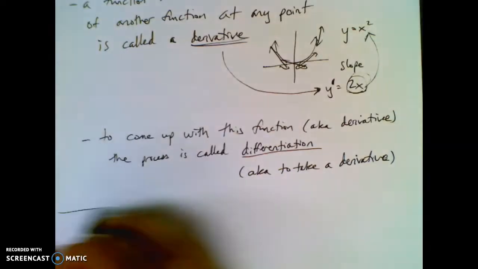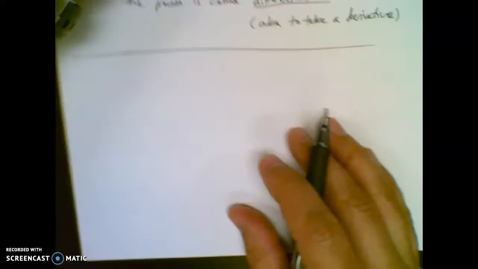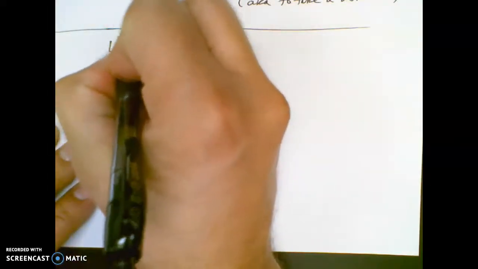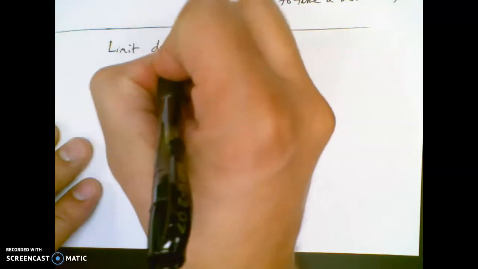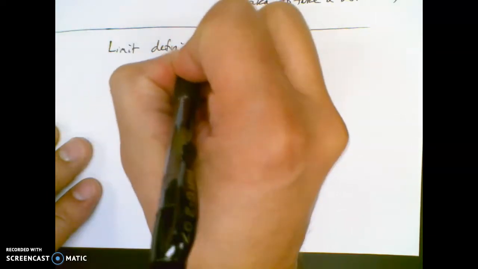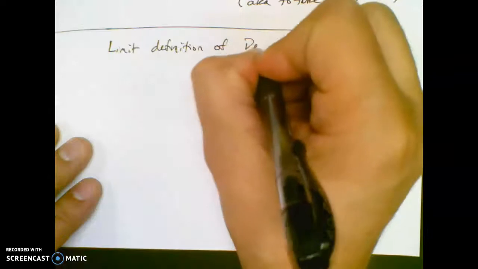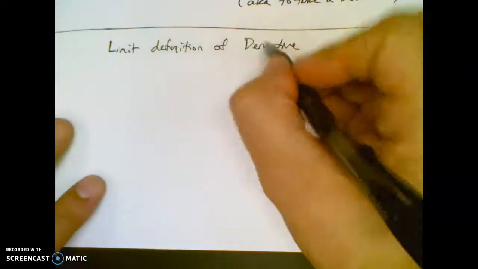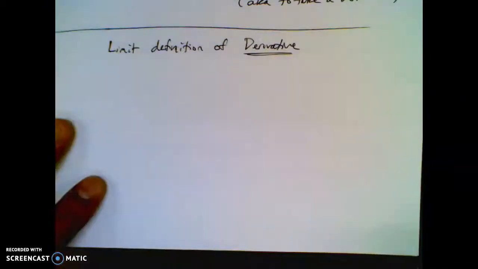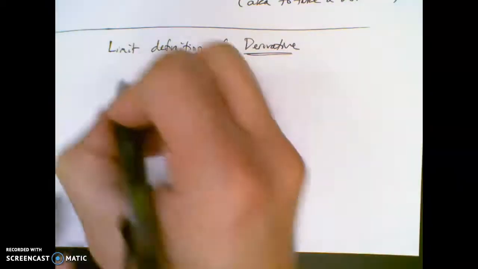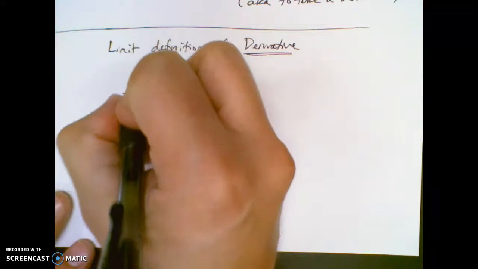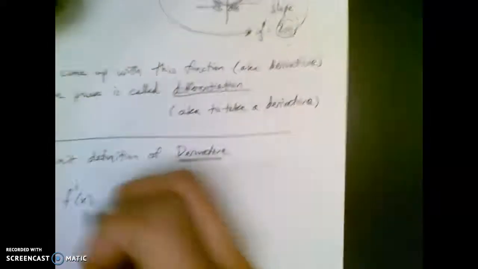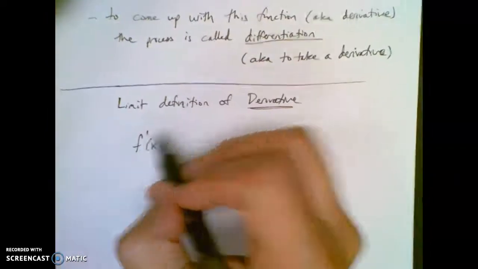All right, so now for the big formula. This is the formula we're going to use. This is the limit definition of derivative. That's why we learned limits first, because our real goal is to learn about derivatives. But we had to learn limits first because our definition is f prime of x. That means, once again, it's called prime. It's really a little apostrophe.